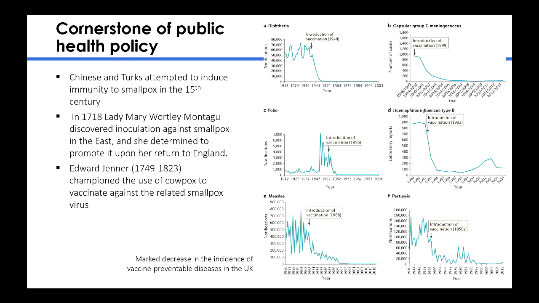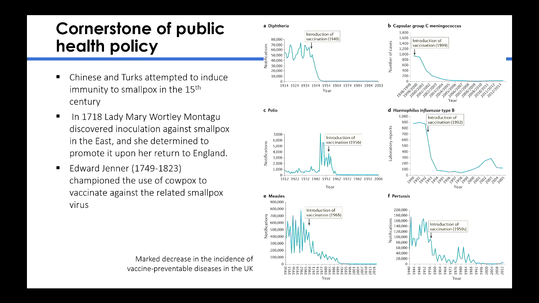So diphtheria, for instance, the notifications here were over, say, 50,000, and then after the vaccination was introduced in 1940, you can see that decrease really rapidly. Meningococcus C, so you can see once the vaccination was introduced again, that tail. Polio, so introduction of vaccination greatly reduced it, and measles, pertussis, and Haemophilus.